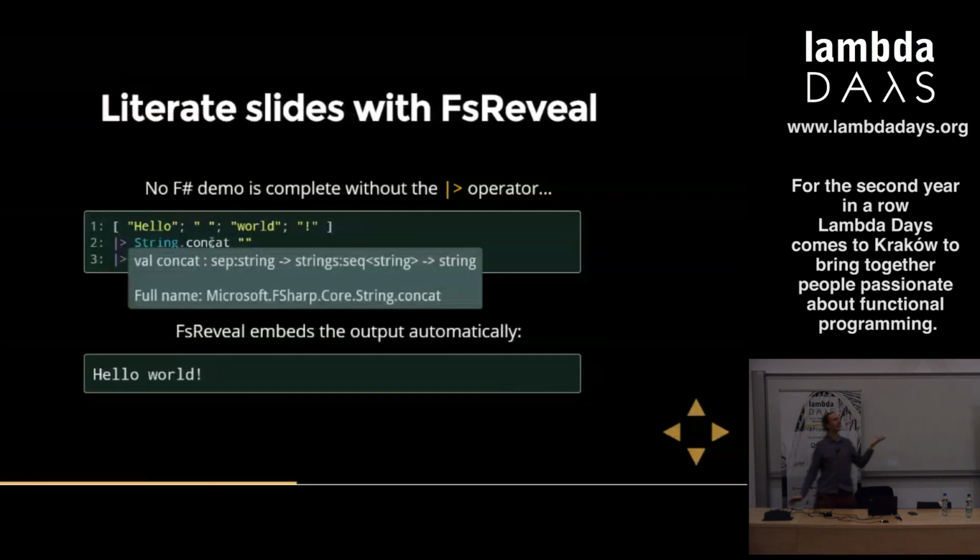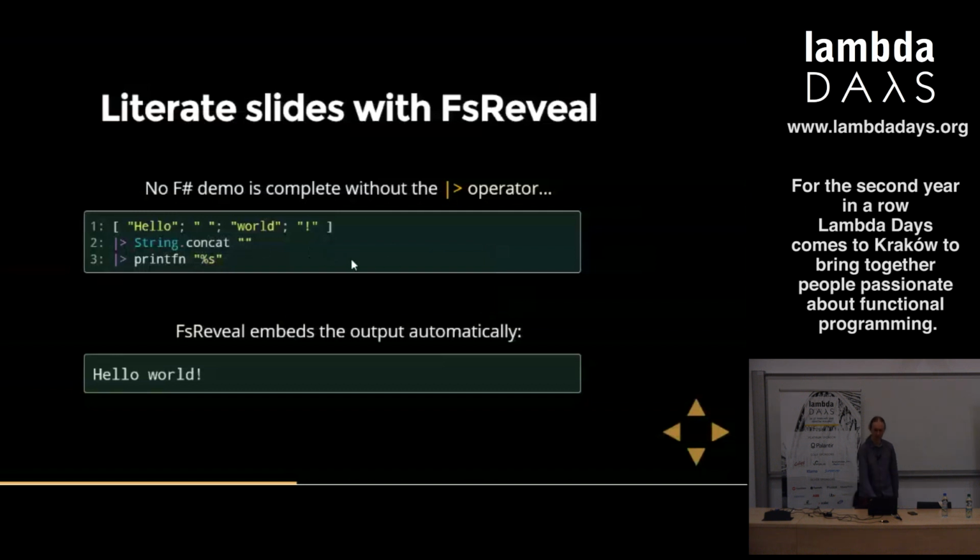So if I look at concat, it's a function that takes a string, which is a separator, then it takes a sequence of strings to concatenate, and it gives me a single string. So the snippet here is a fancy version of Hello World with the pipe operator. We take a sequence of strings, concatenate them, and print the result.